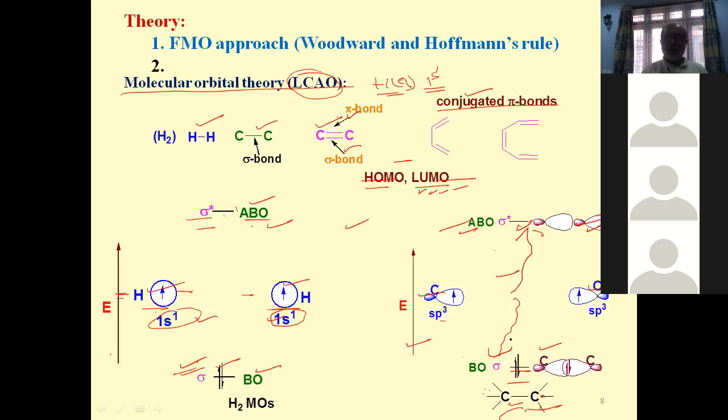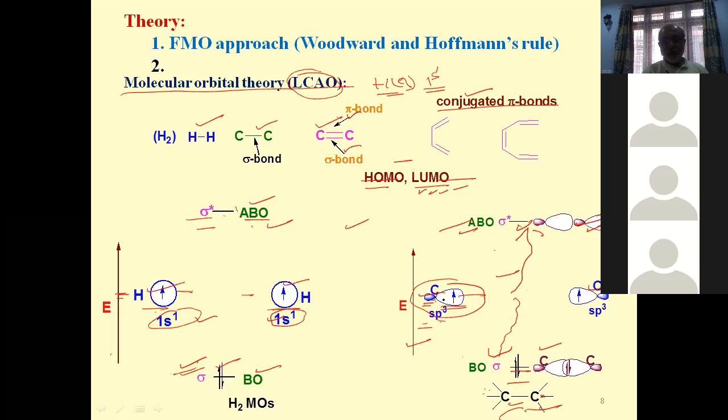Now, in terms of orbital, how is this bond formed? By overlap of orbitals. But if you see this sp3 orbital, how does it look? We have got a small lobe here, and a big lobe on this side, right?